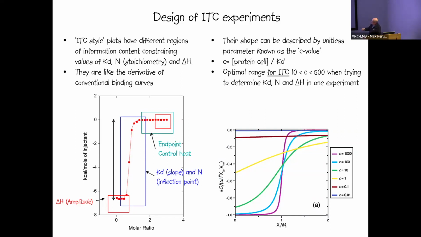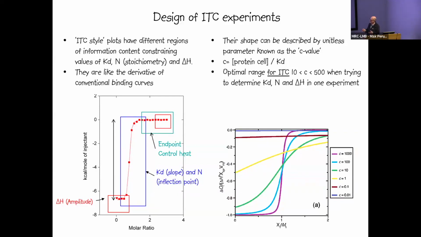And the shape of this sigmoidal curve can be described by a unitless parameter, which in the field is known as the C value. The C value is just equal to the concentration of target that you have in the cell divided by the KD for that interaction.